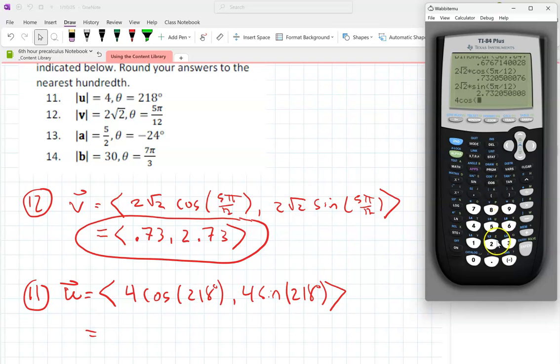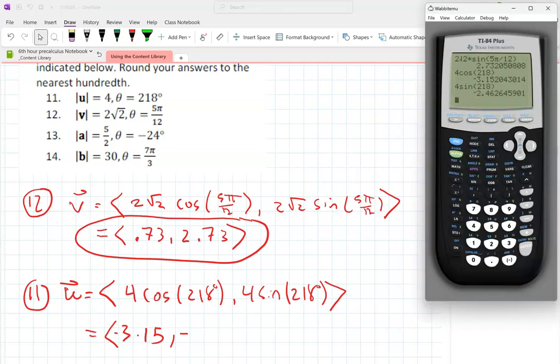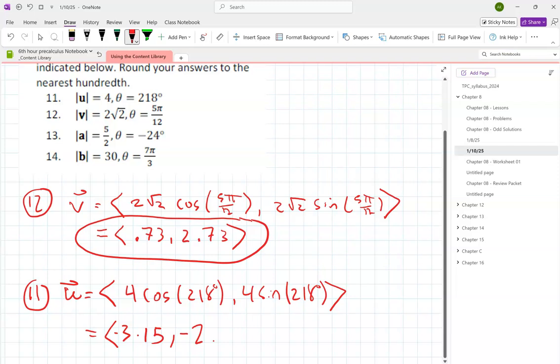But that's no big deal. So I have 4 times cosine 218. So that's my x component. And then I'll just update the cosine to a sine. That's my y component. Tia, does that sound good to you? Feel okay?